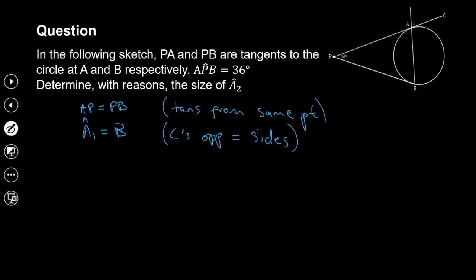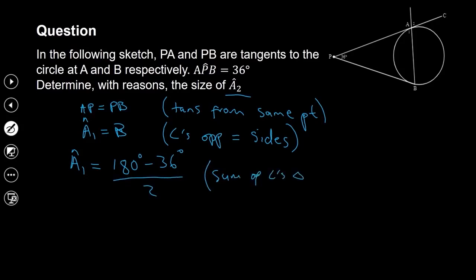Angles opposite equal sides. Therefore, my angle A1, because that's what will help me to link it to A2, is equal to 180 degrees minus 36 degrees, divided by 2, right? And this will be sum of angles in a triangle.